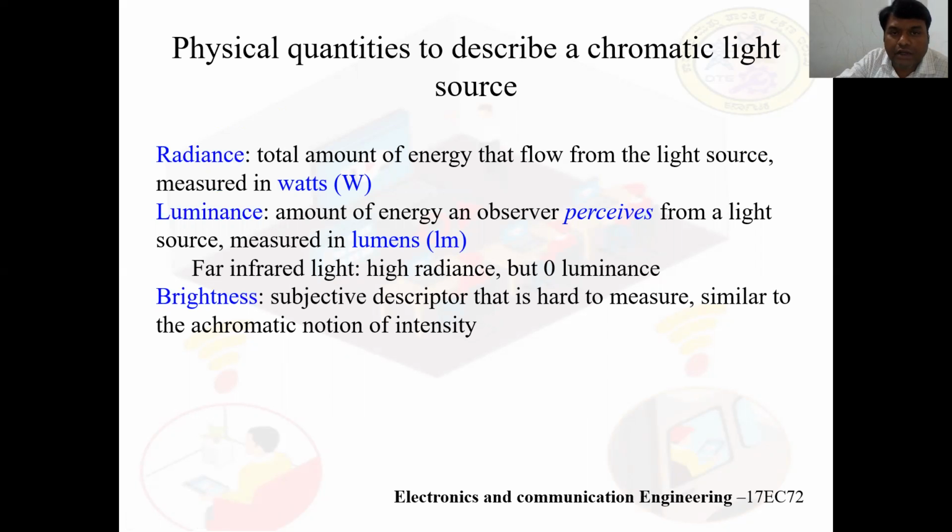Luminance: the amount of energy an observer perceives from a light source, measured in lumens, LM. For infrared light, there is radiance but zero luminance. What is brightness? Brightness is a subjective descriptor that is hard to measure, similar to the achromatic notion of intensity.